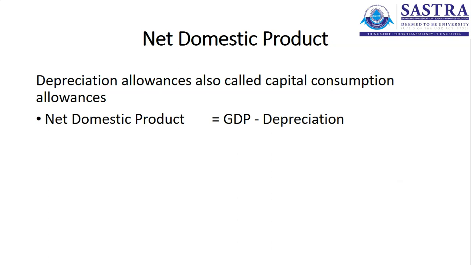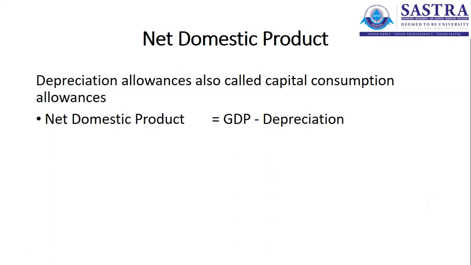Those capital goods have depreciation, so we can give depreciation allowances for the purpose of future replacement of the capital goods. The depreciation allowances are also called the capital consumption allowances. That takes effect in both the net domestic product and the net national product. The depreciation has an impact on the two.